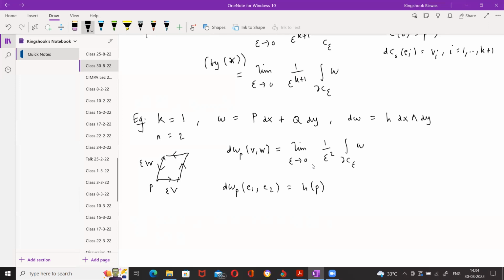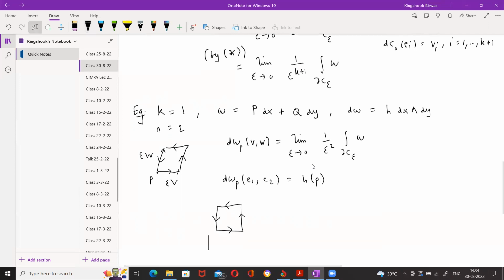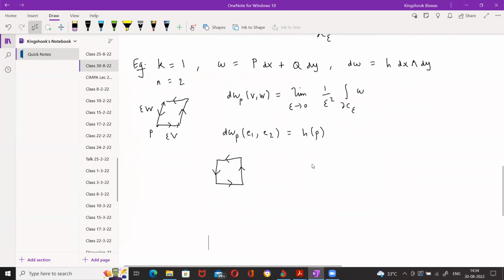So to work this out, I'm taking a square like this with sides parallel to the x and y axes, and I'm integrating like this, right? Now what happens? Basically, when I integrate over the horizontal sides, the dy term will be 0, because over the horizontal sides there's no change in the y coordinate.